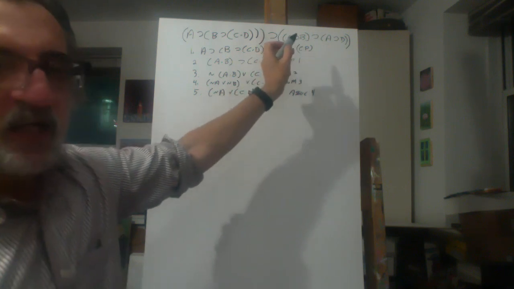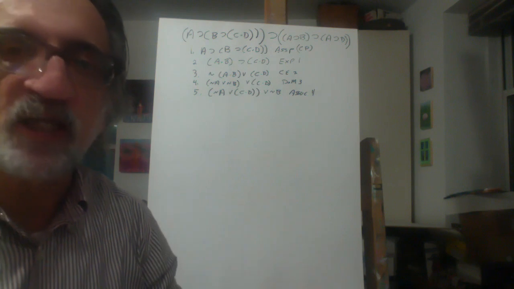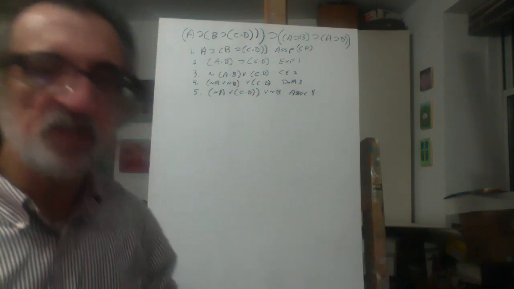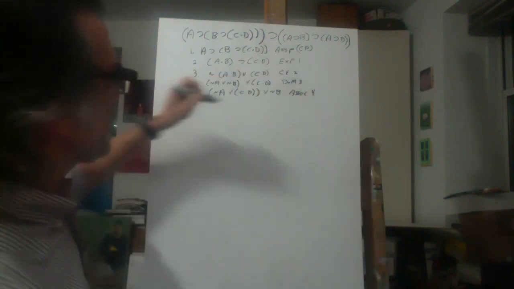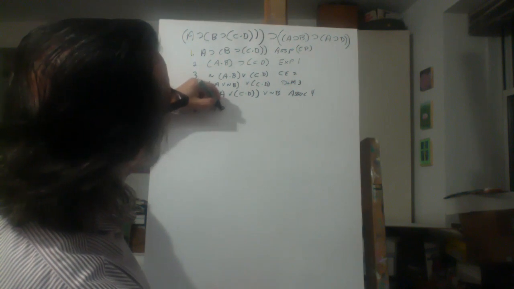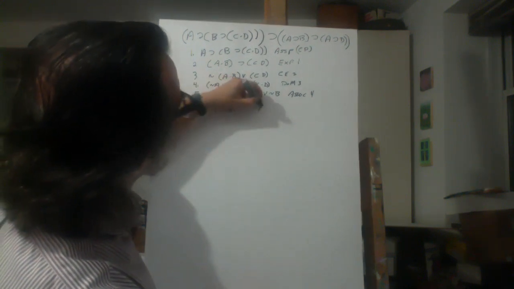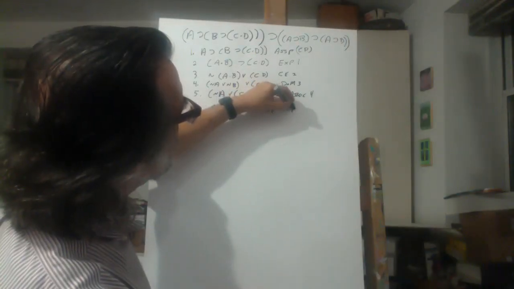And we're going to prove the consequent, which is itself a conditional, this time by positing, by hypothesizing, by assuming the antecedent to that conditional, right?